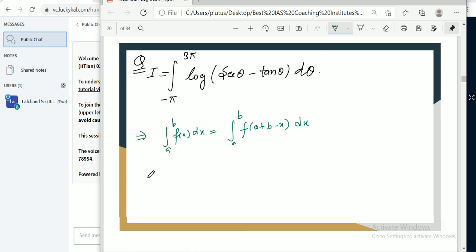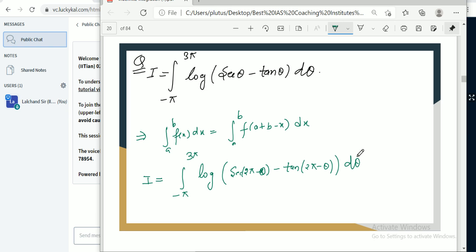So we can write I is equal to integral from minus pi to 3 pi of log of sec(2 pi minus theta) minus tan(2 pi minus theta) d theta.